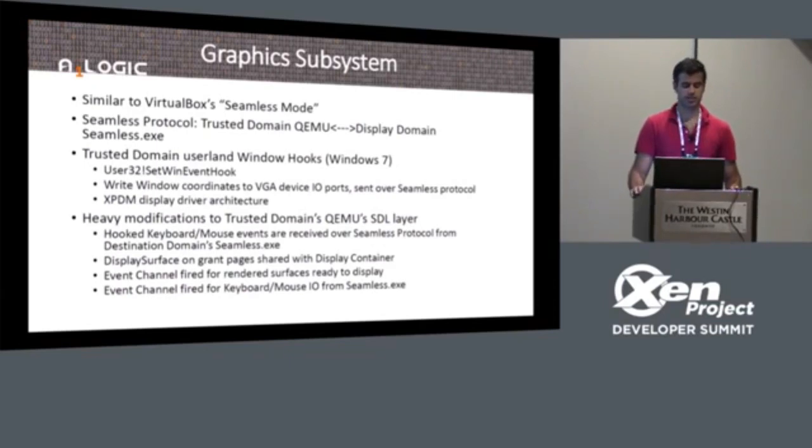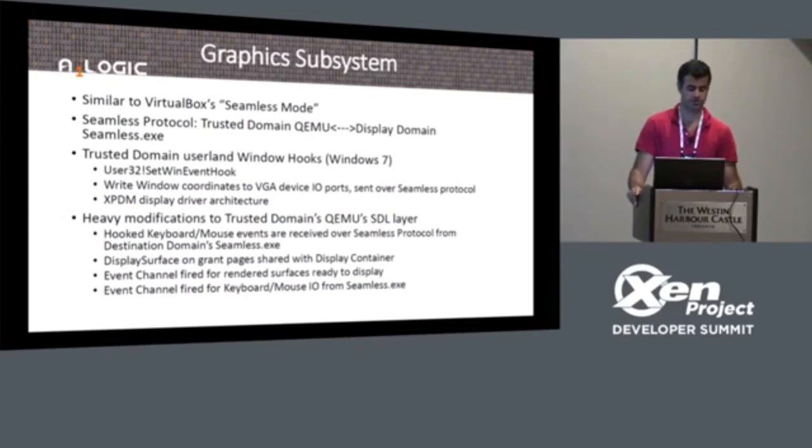So the graphics subsystem, as I mentioned, is similar to VirtualBox's seamless mode. And we have a protocol with two endpoints. One endpoint would be the QEMU model of the trusted domain. The other endpoint would be the user mode application we call seamless.exe in the display domain. The trusted domain hooks window information.